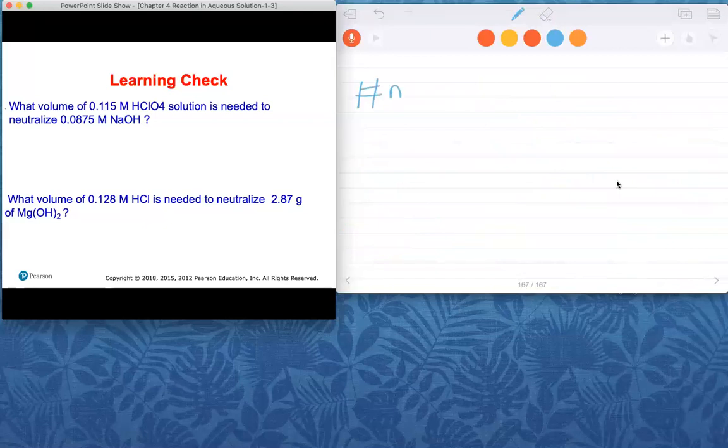Number of moles is given by molarity times volume in liters, which is 0.0875 moles per liter times 0.050 liters. I change 50 mL to liters, and we will get the number of moles.